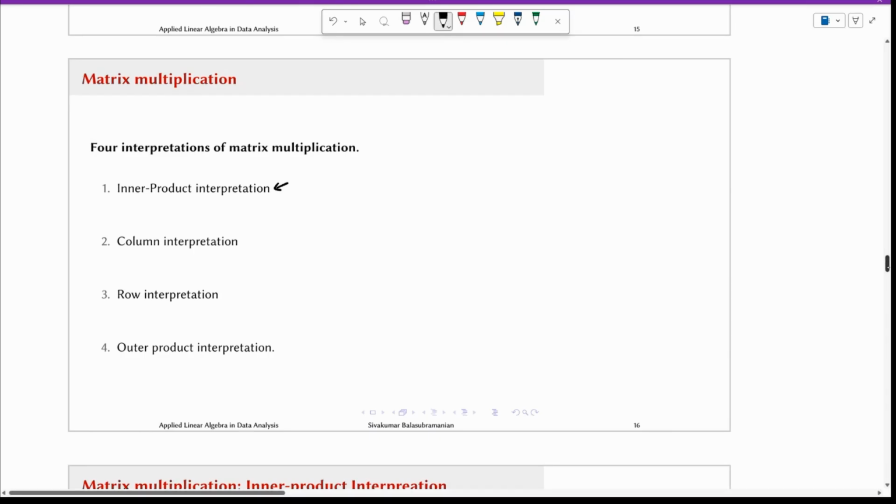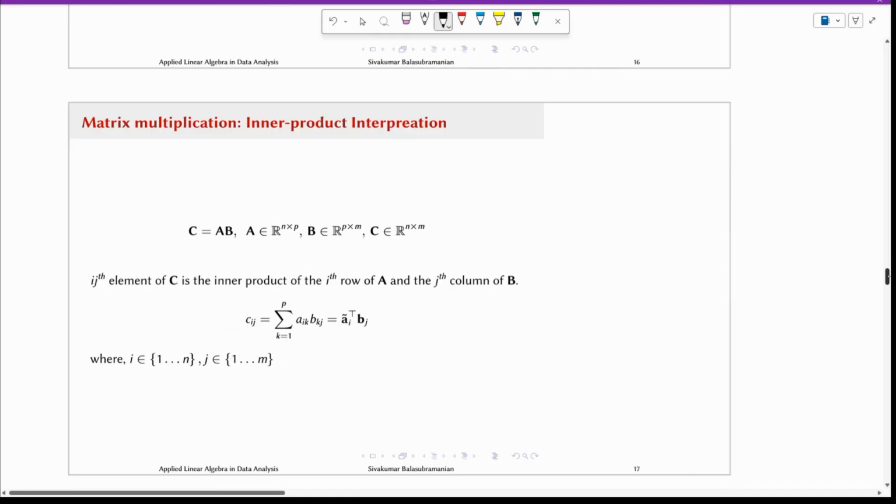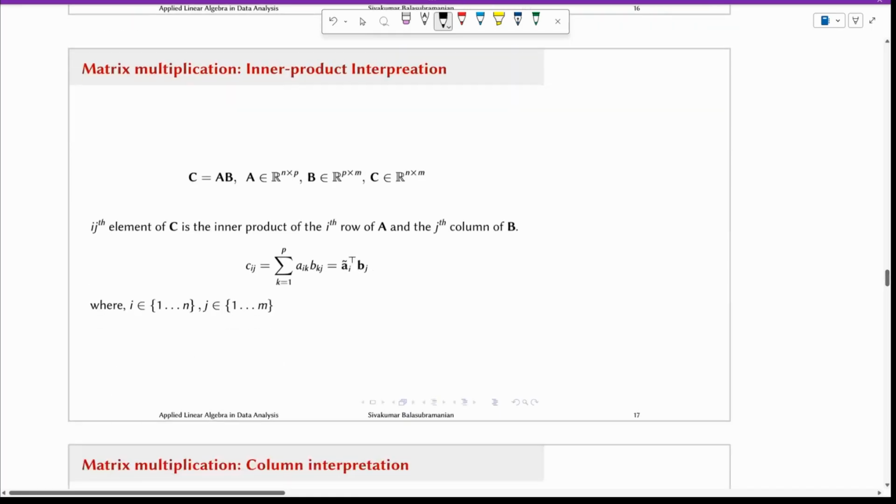We look at the inner product first. The inner product interpretation is what we know from our high school maths. Okay.